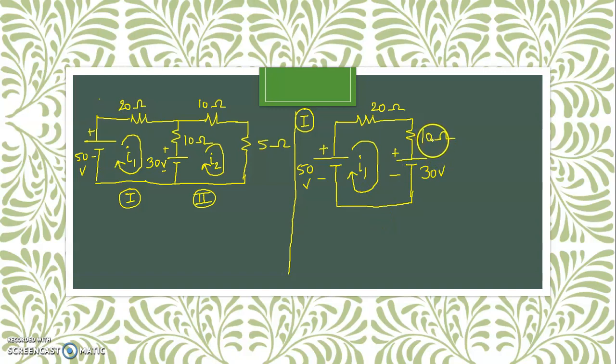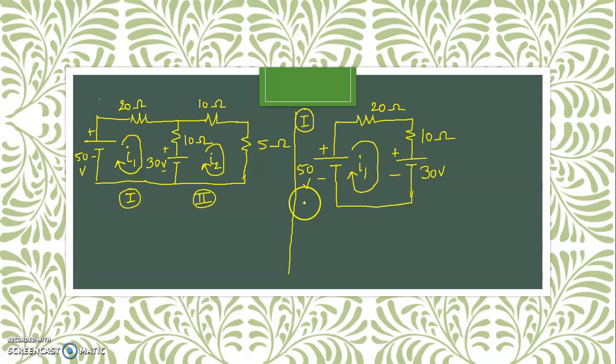Now this 10 ohm and 30 volt are basically the intermediate elements. These two elements are intermediate elements connecting loop 1 as well as loop 2, right? You just check this circuit. But as we are writing the expression only for loop 1, we have to consider this particular loop.